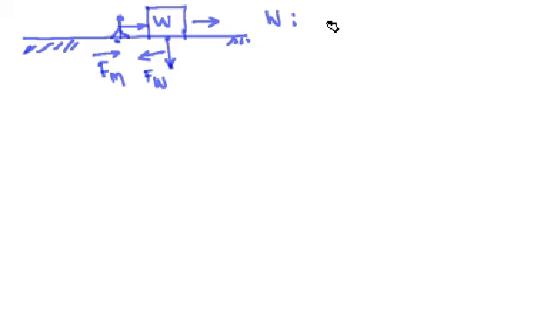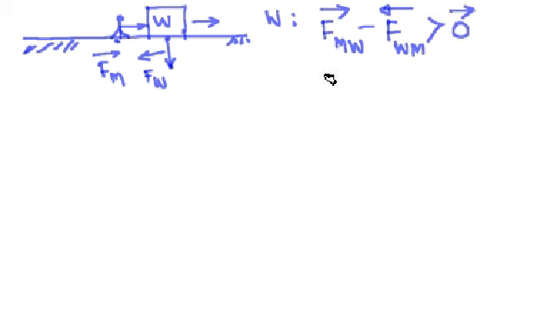In the wood, what happens is we have F, me on wood, going in this direction, minus F, Wm, which is a force which is applied in this direction, hence the minus. If that is greater than 0, the block of wood will move in this direction.